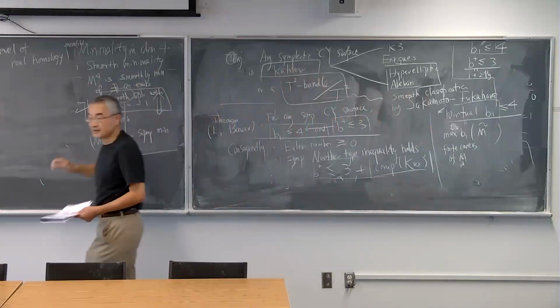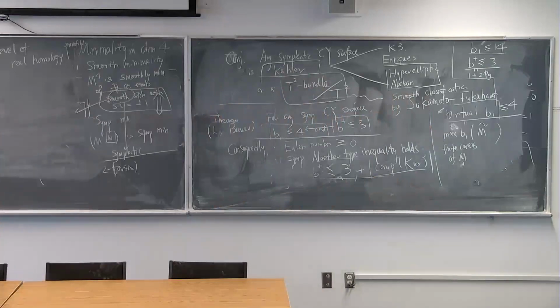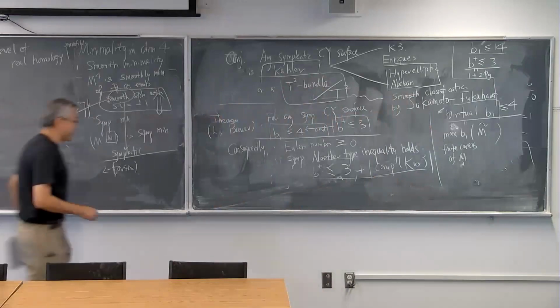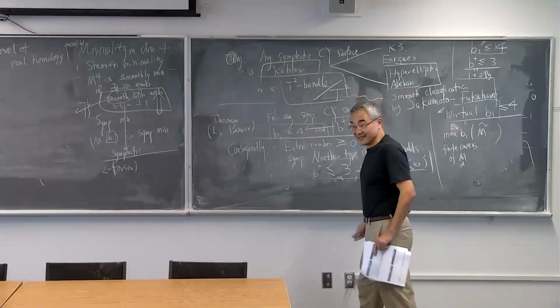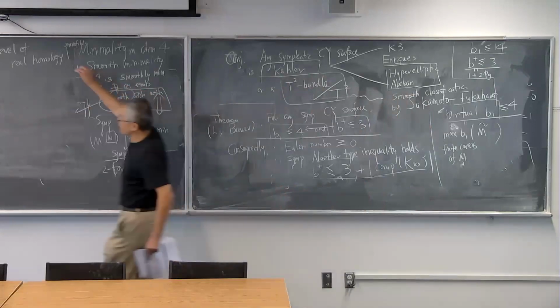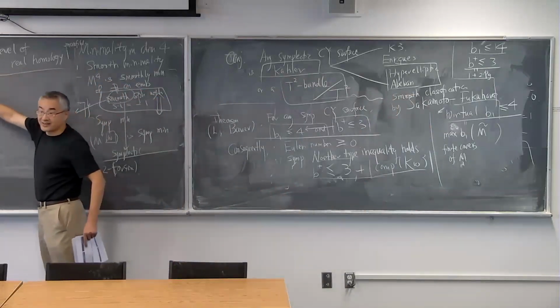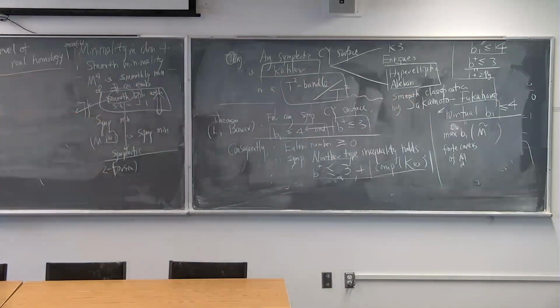What happens if you have a minimal symplectic Calabi-Yau surface? Do you have any bounds on b minus? Yes, b minus. Yes, I didn't write that down. Yes, b minus is 19. So I'm saying this is actually at the level of homology. Okay, so I can draw a table.